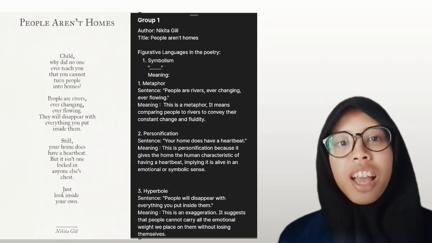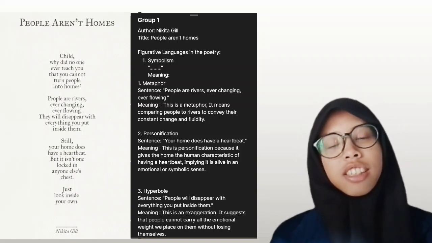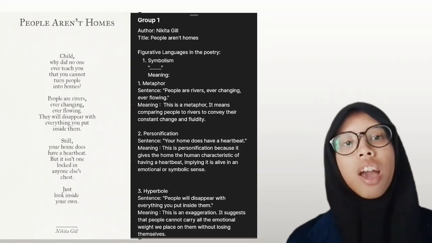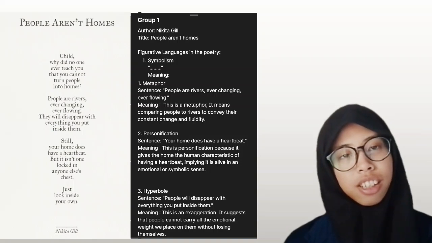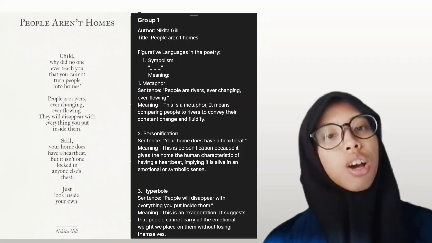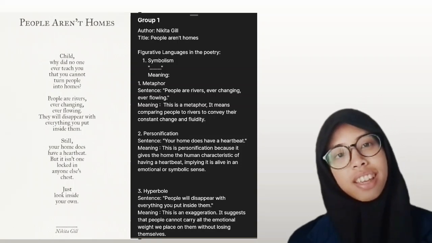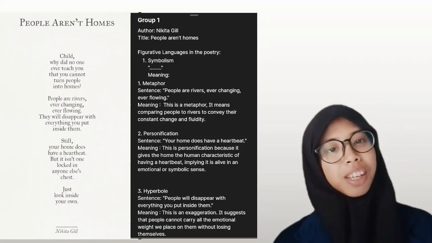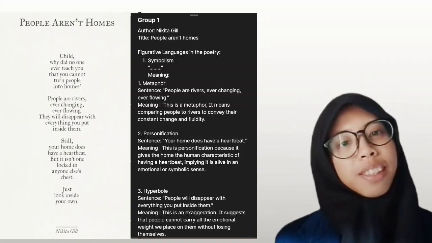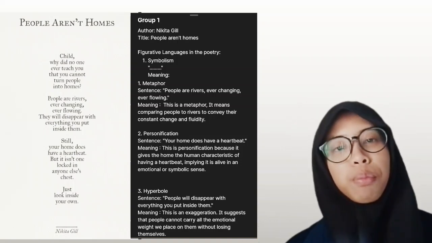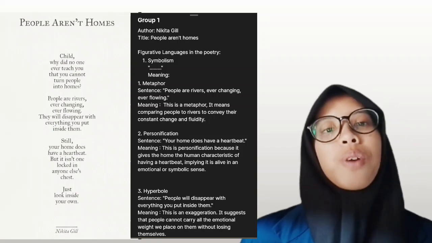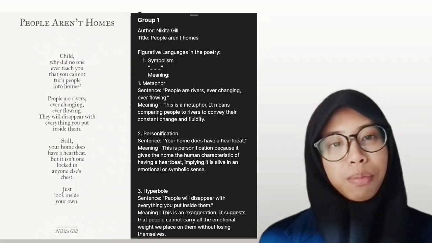Correct. And then second, they find personification in the sentence "your home does have a heartbeat." This is personification because it gives the home the human characteristic of having a heartbeat. Great, next. They find hyperbole in the sentence "people will disappear with everything you put inside them."